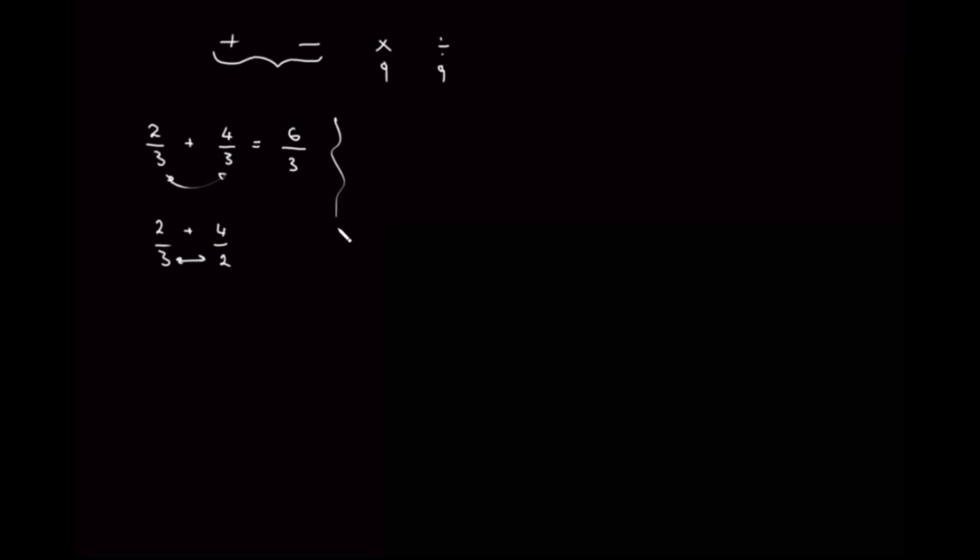I've seen people do this. 2/3 plus 4/3, exactly the same as 2 plus 4 all over 3 plus 3, which equals 6 over 4, 5, 6, which equals 1.